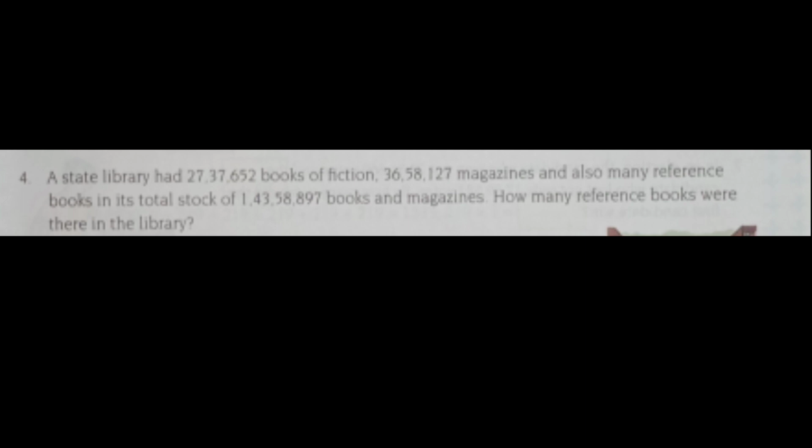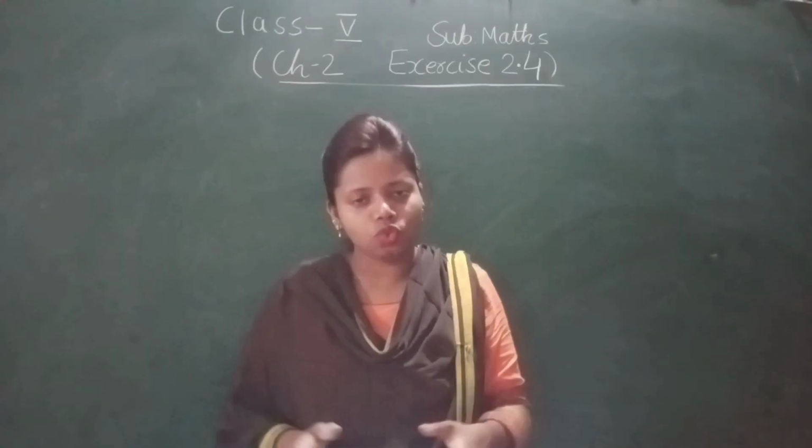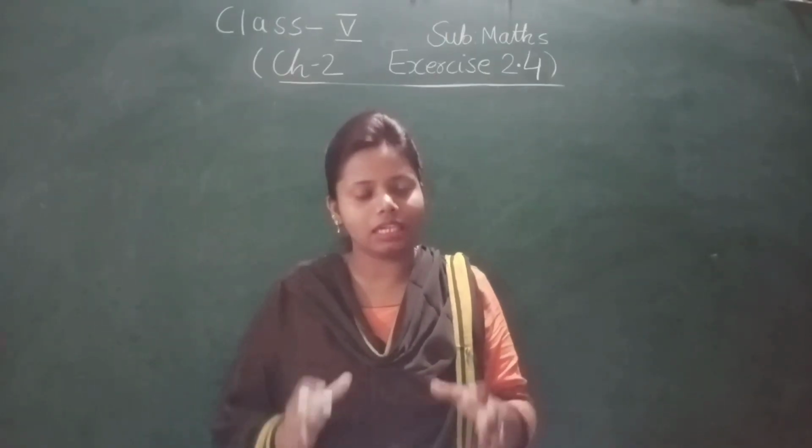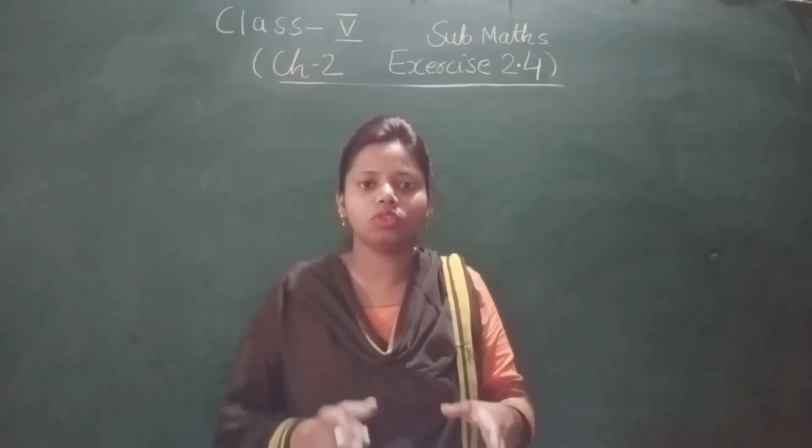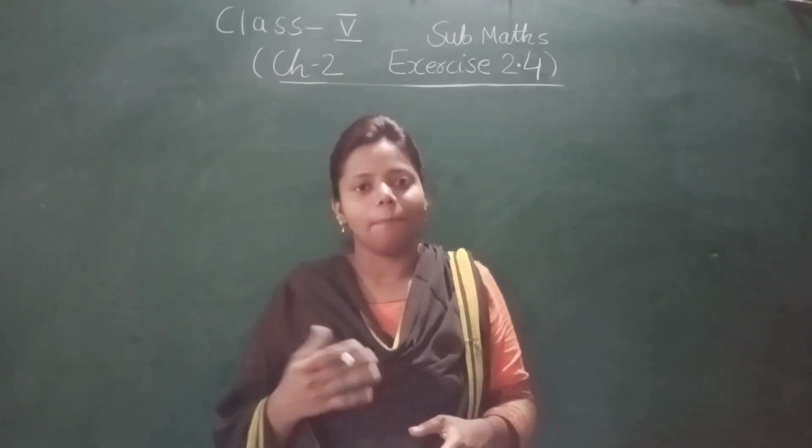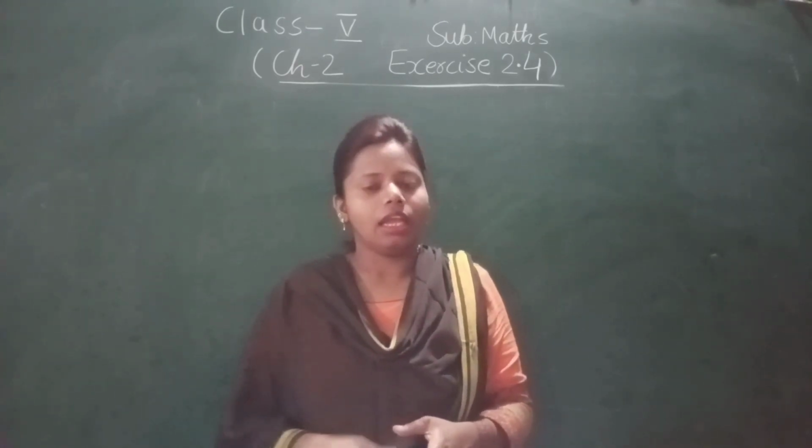36,58,127 magazines and also many reference books in its total stock of 1,43,58,897 books and magazines. How many reference books were there in the library? Okay, so in this question, a state library is there, and in this library, books of fiction and magazines are there in the total stock.